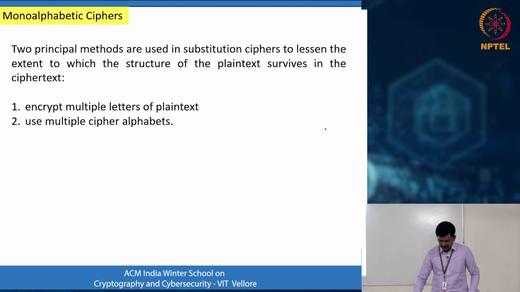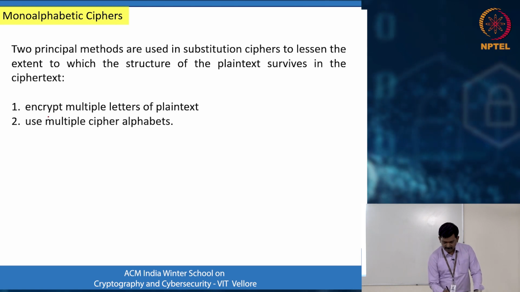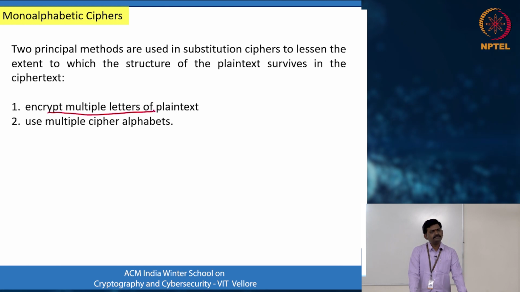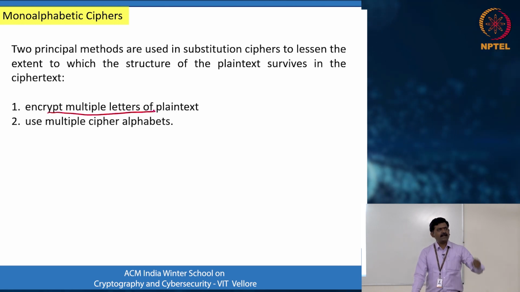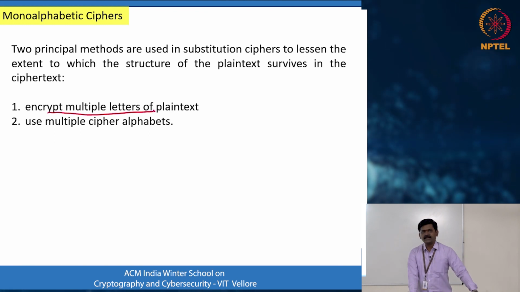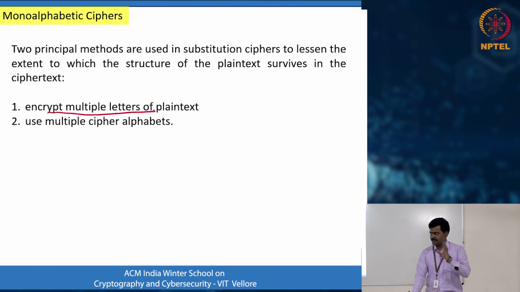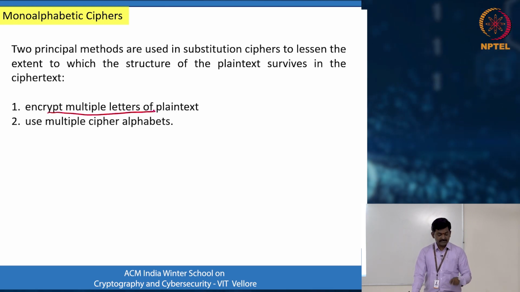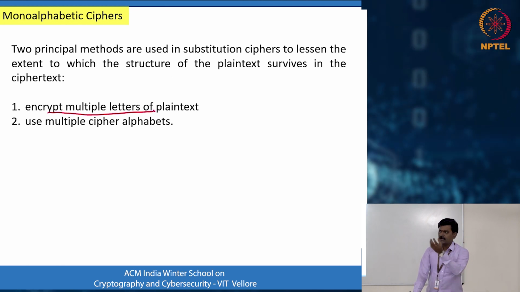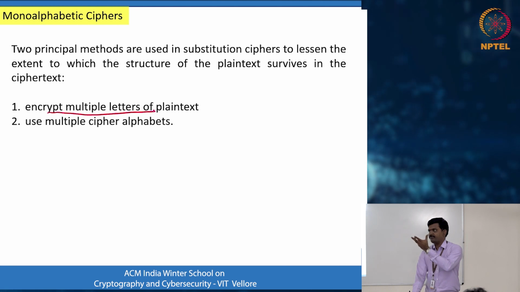Obviously, you need to go for one of these two options. One, encrypt multiple letters of plain text. So far what we did, you took one alphabet of the language and encrypted it with the corresponding alphabet in the cipher text. That's one-to-one mapping. What it says is to encrypt multiple letters. That means when you are doing this process, pick not one, but multiple alphabets.